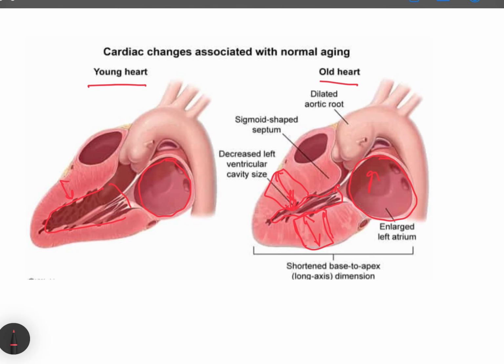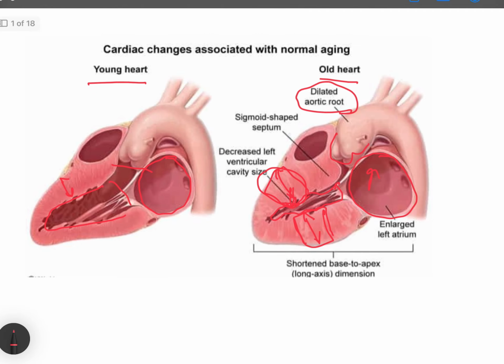There is hypertrophy of the septum, and there is a dilated aortic root. These are the main features of normal aging in the cardiovascular system.